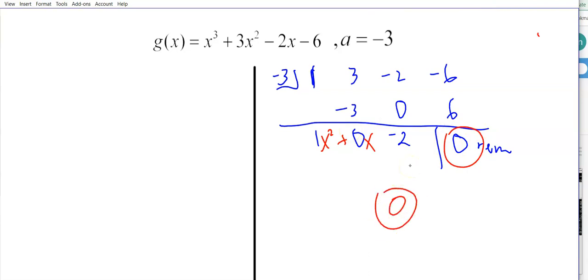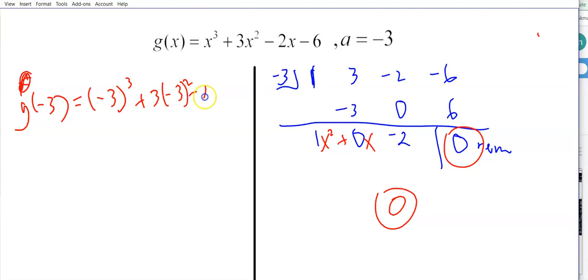To use synthetic substitution to solve this one, doing it the old plugging in way, I guess this is g, sorry, g of -3 equals -3 to the third plus 3 times -3 squared minus 2 times -3 minus 6. So this is -27.